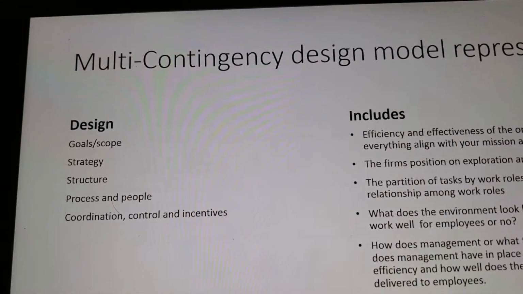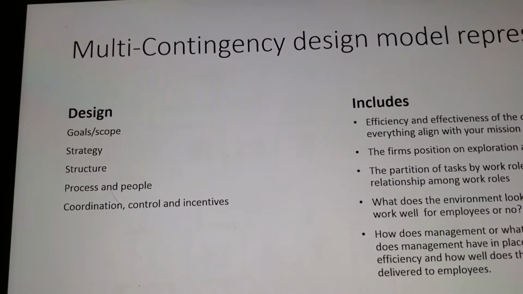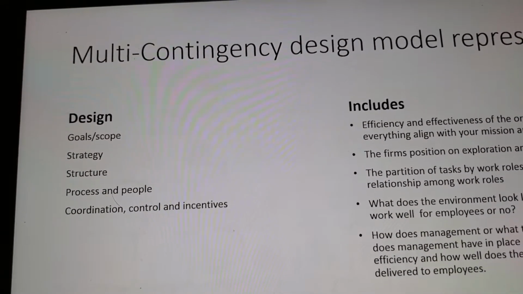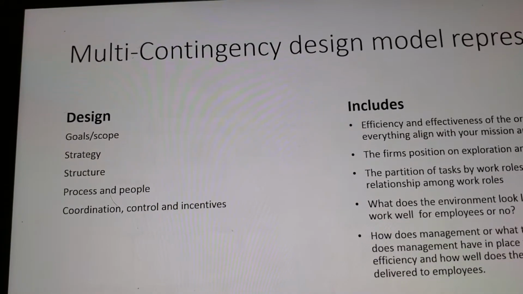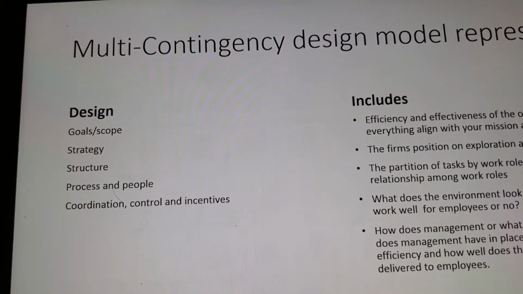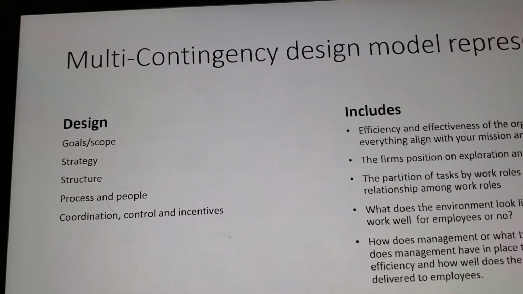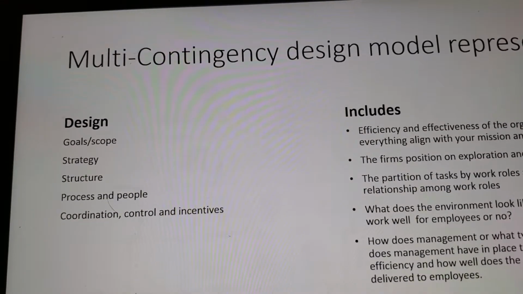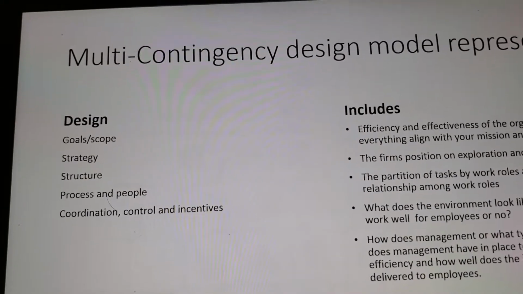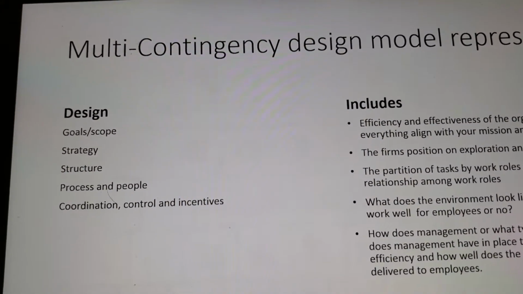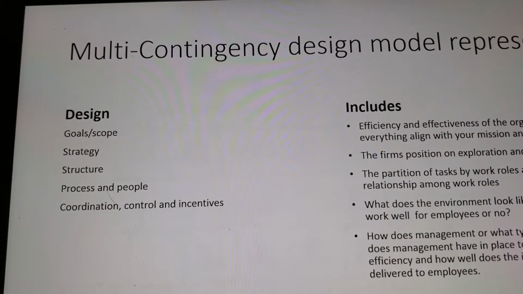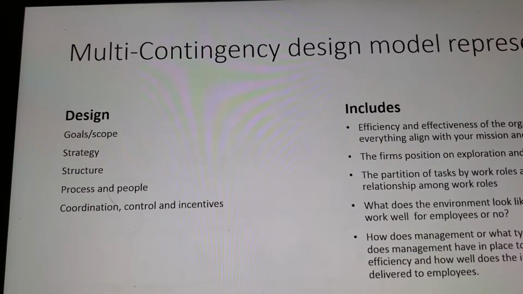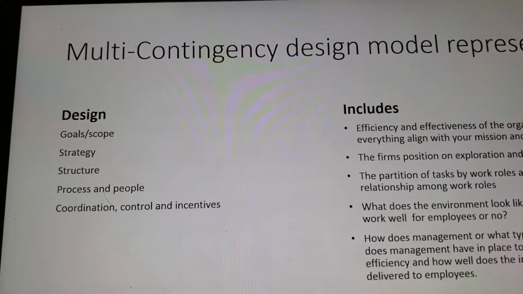The structure of the company includes the task by the work roles and the reporting relationships, sort of like the organizational chart that we previously saw in the video. What role does the CEO, the president, the director, and the staff play within the organization?